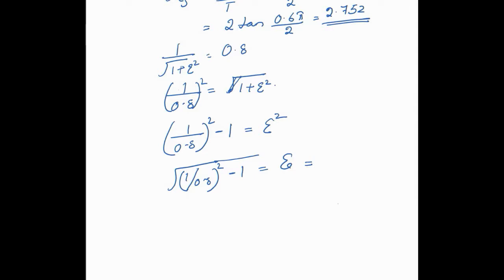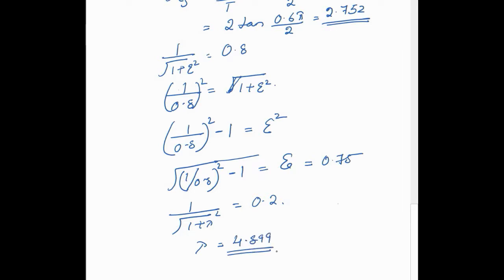On calculating, you will get 0.75. Similarly, 1 by root of 1 plus lambda square is equal to 0.2. Therefore by the same procedure, lambda you will get 4.899.